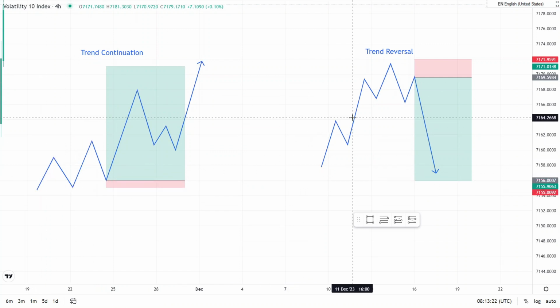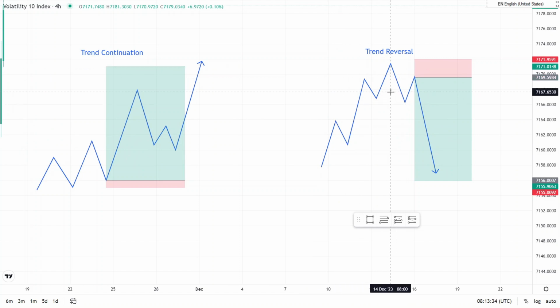The second type is a reversal pattern, or a counter trend entry. So in this market, we have an uptrend, and what we look to do is enter on the reversal of this trend. This is my favorite entry.